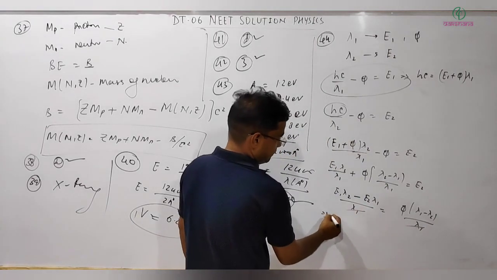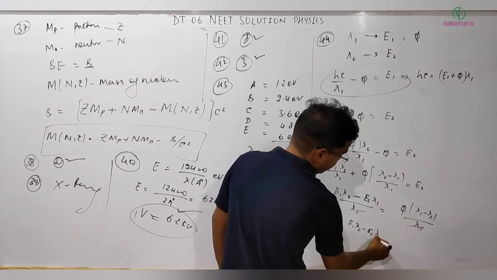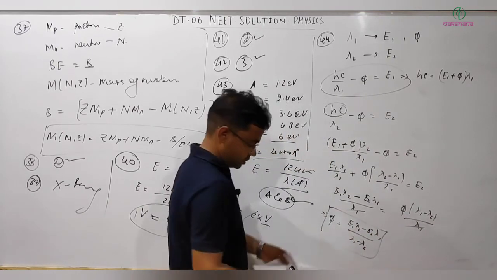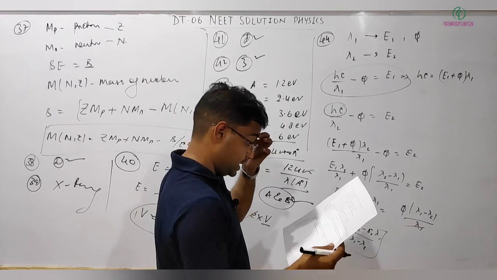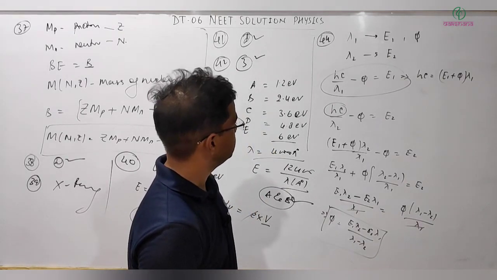This gets cancelled, and phi is coming out to be E1 lambda 2 minus E2 lambda 1 divided by lambda 1 minus lambda 2. We just need to check the options. Here I made some mistake.